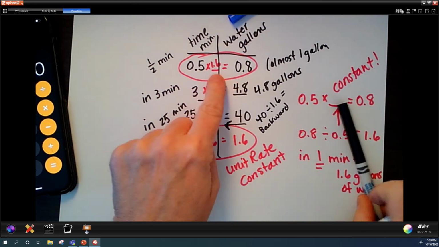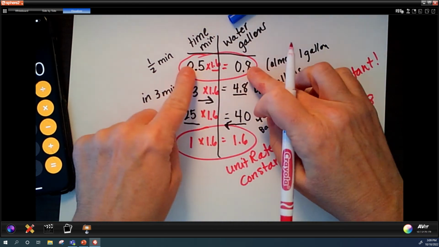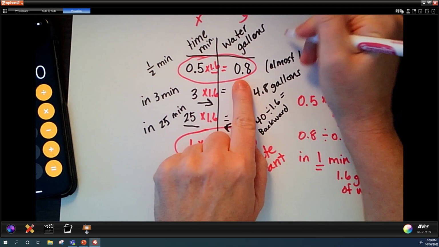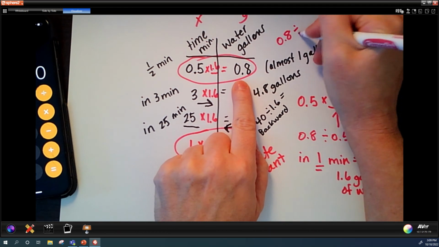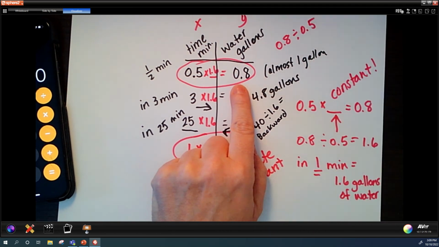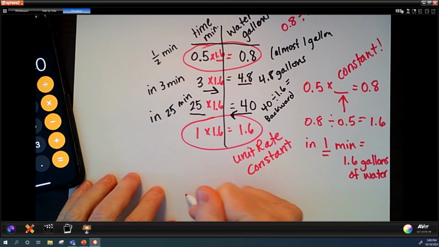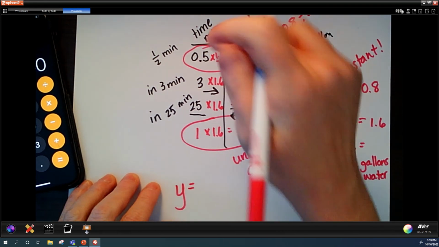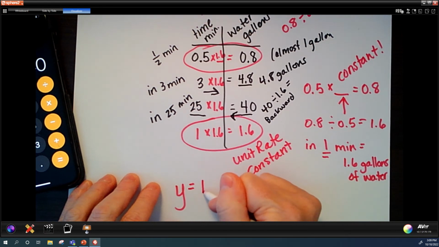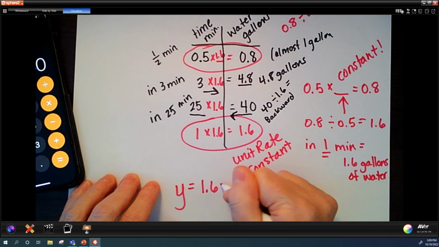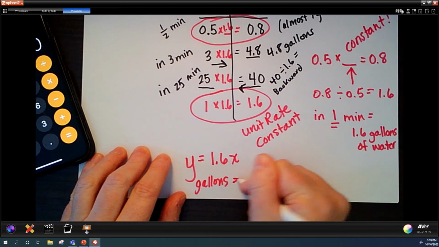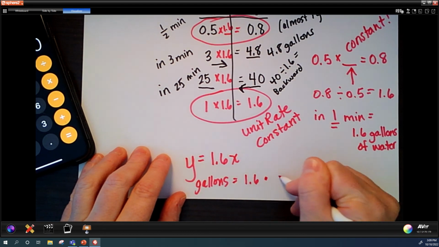And the way you find the constant is just to divide the y and the x. Okay? 0.8 divided by 0.5. And in this case, our equation is water in gallons is equal to 1.6 times x. Gallons will equal 1.6 times the time.